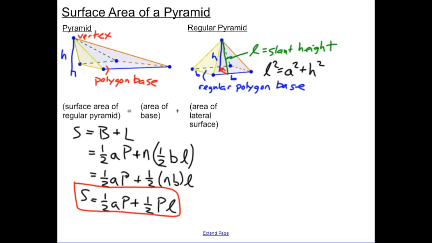It may be difficult sometimes to remember this, so what I usually recommend is that we think in these terms, that my surface area is equal to simply the base plus 1/2 times the perimeter times L.